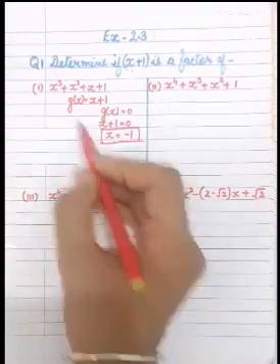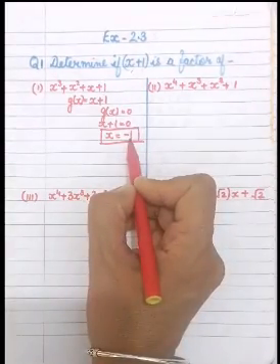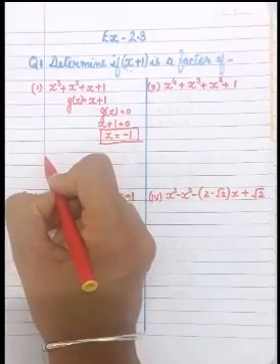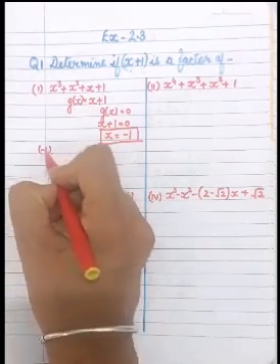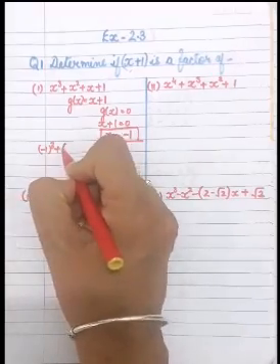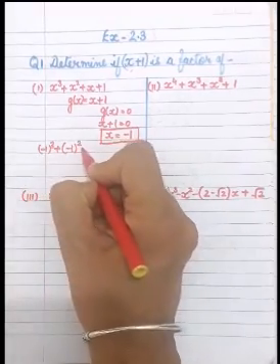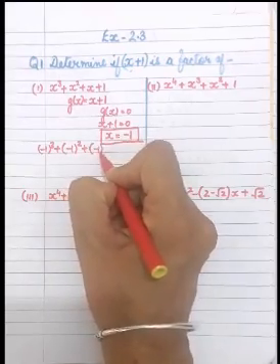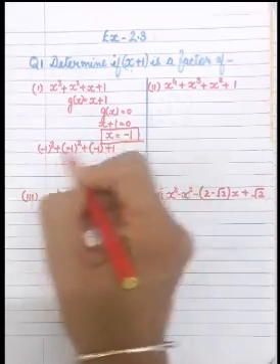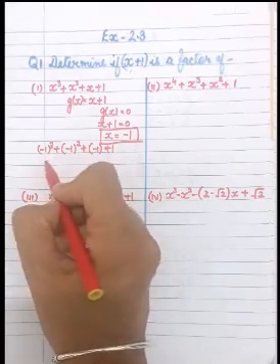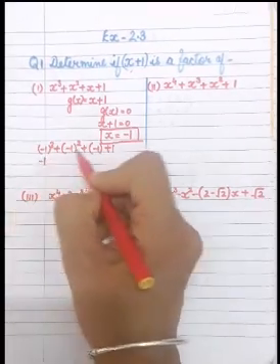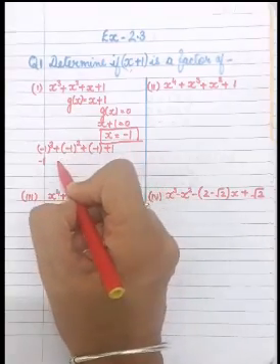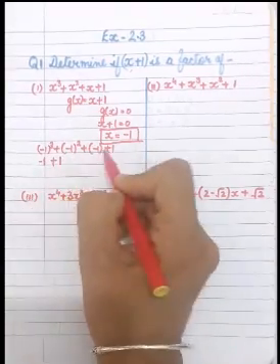So let's start. Let me put the value x as minus 1 here. It is going to give me (minus 1) cube plus (minus 1) square plus (minus 1) plus 1. As it is cubic, it will give us minus 1 only. As this is square, it will make it positive 1.